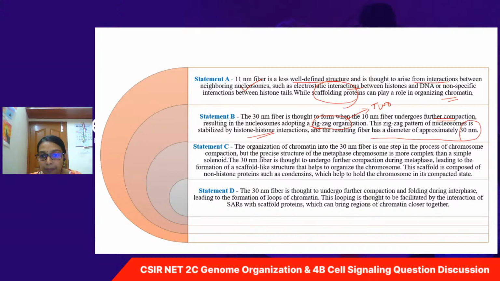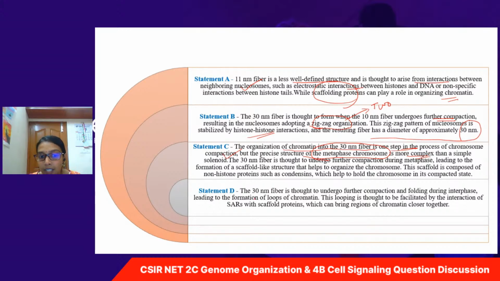Third statement: the organization of chromatin into a 30 nanometer fiber is one step in the process of compaction, but the structure of metaphase chromosomes is even more complex. That's what I said to you. It comes in the last stage, not in the 30 nanometer stage.